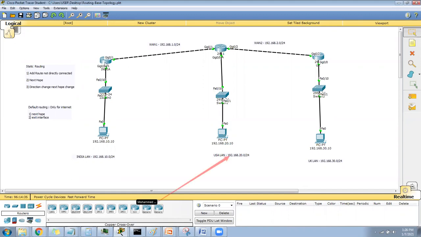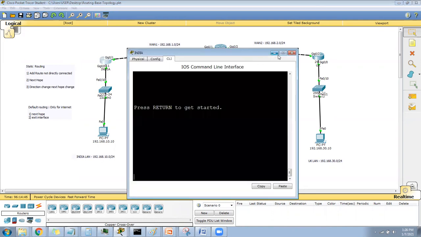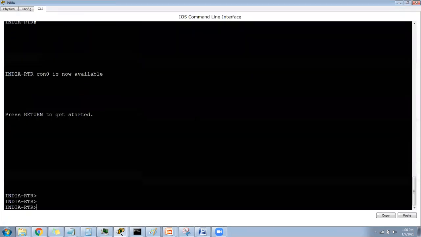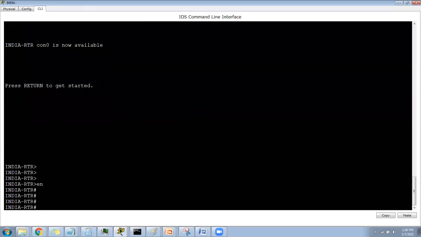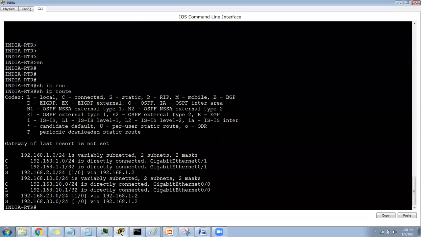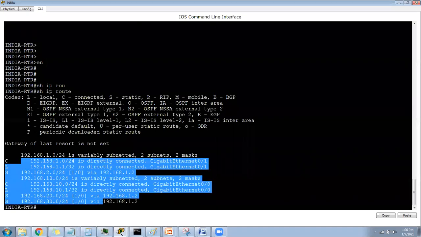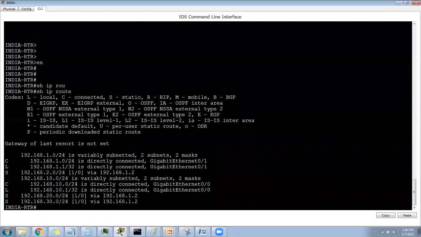Let's remove this static route. Now you understand the static route, so I can remove it. One more time, you can see show ip route. See your routing table.